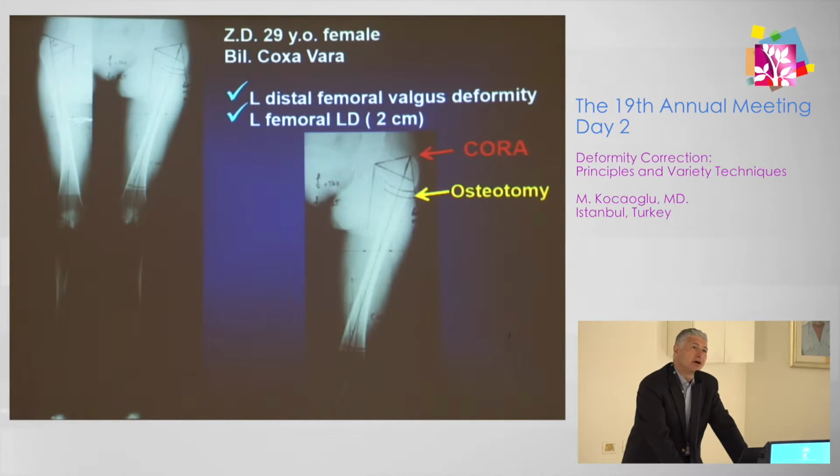After I learned the essentials of the treatment to correct deformities, I started every day making a paper tracing before starting the surgery. This was a 29-year-old female coming to me with bilateral coxa vara and limping. She also had a distal femoral valgus deformity and a 2 centimeter limb length discrepancy on the left side.